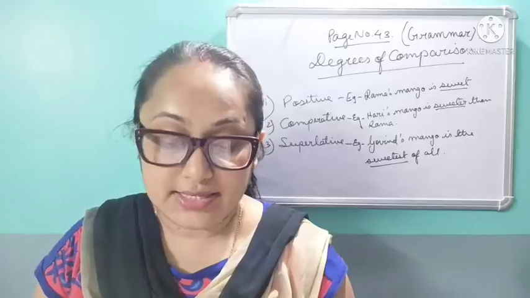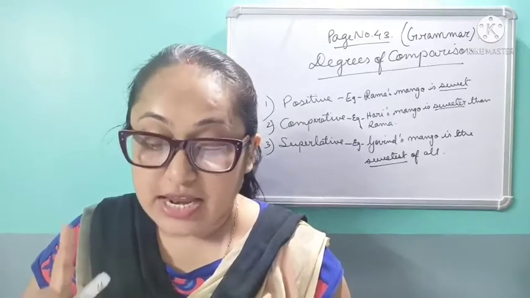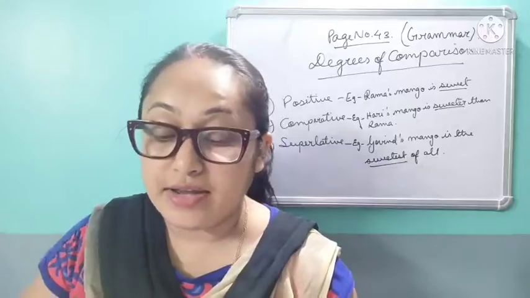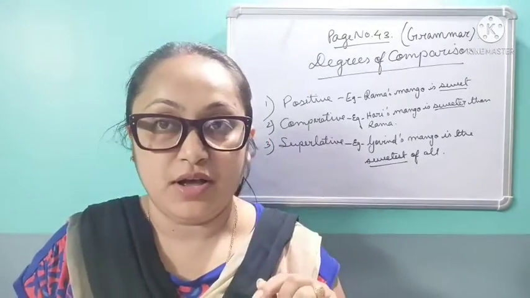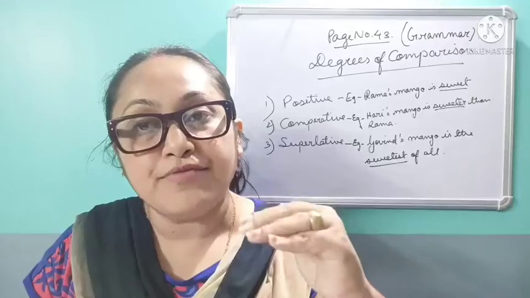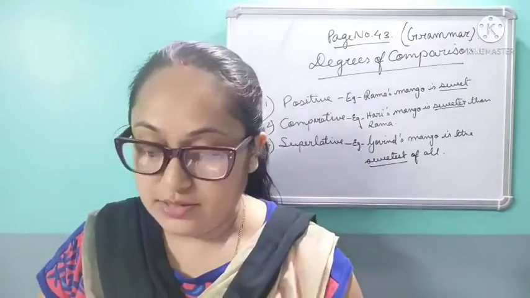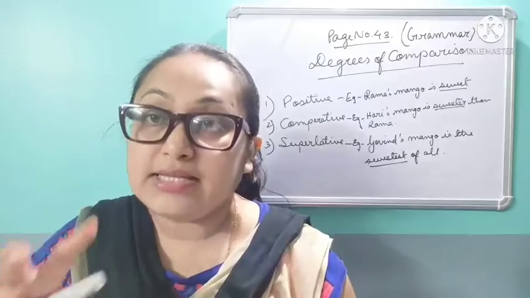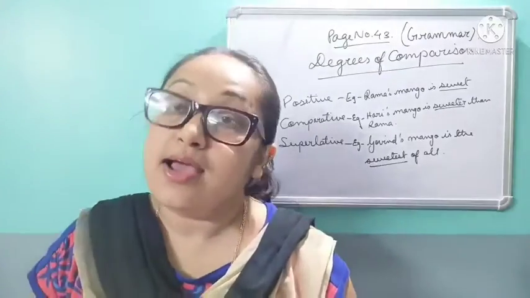The comparative degree of an adjective denotes a higher degree of a quality than the positive. It is one step ahead of the positive, and it is used when two things are compared.